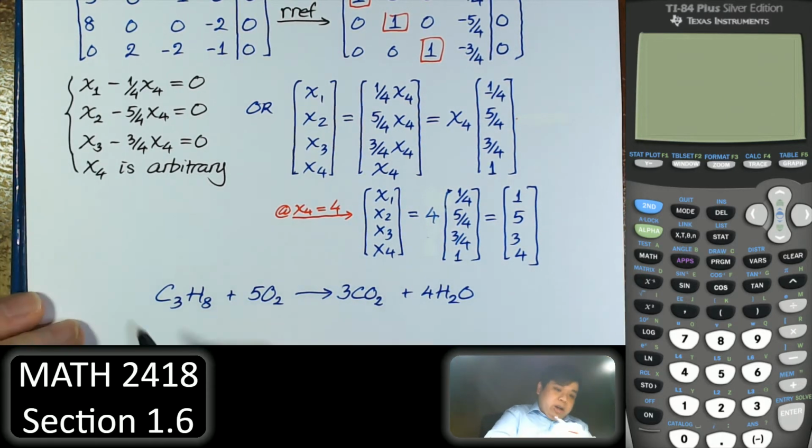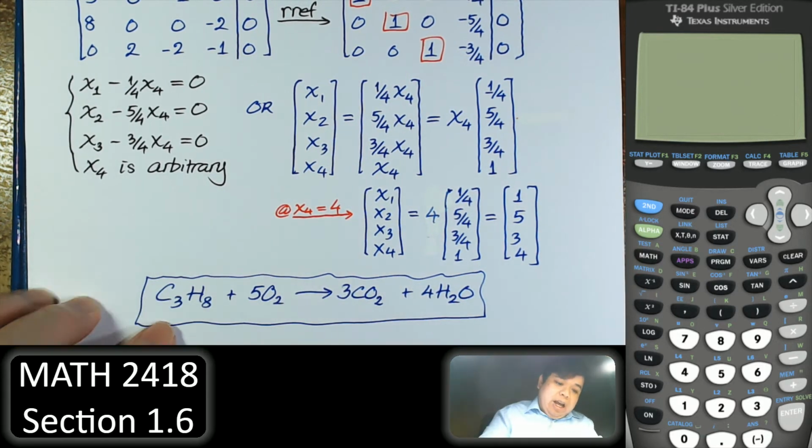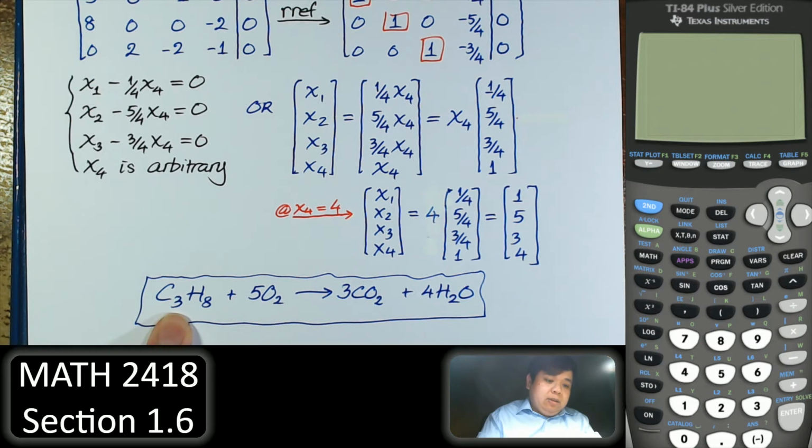And so we can check real quick. There are 3 carbons here, and 3 carbons there. Hydrogen, there's 8 of them, and there's 8 of them. And there are 5 oxygen. So we're good.